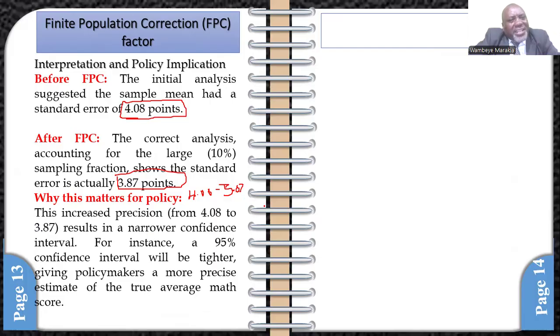So we say that this increased precision from 4.08 to 3.87 results in a narrower confidence interval. For instance, a 95% confidence interval will be tighter, giving policymakers a more precise estimate of the true average in this maths course.